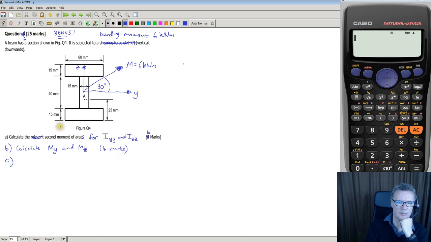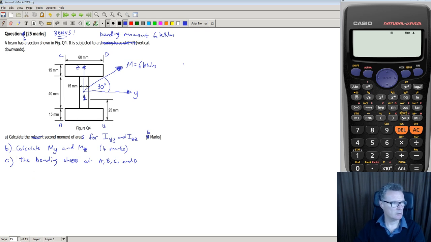Part C, we'll label these up: A, already got an A here, B, C, D. The bending stress at A, B, C, and D. And what else can we do in the formula sheet?